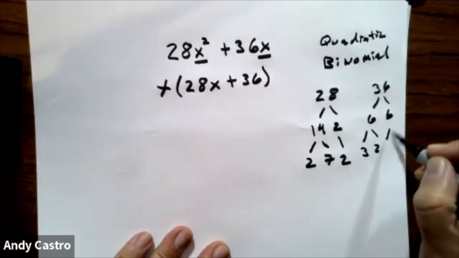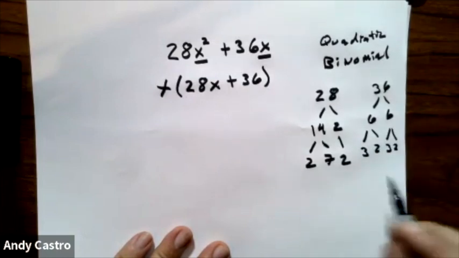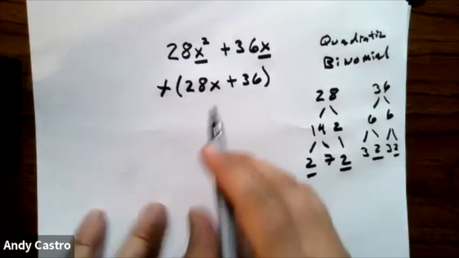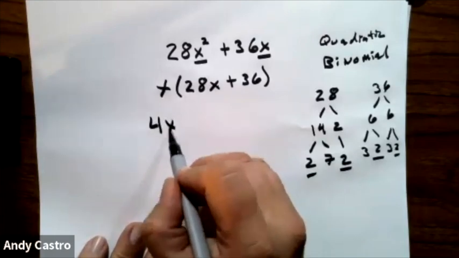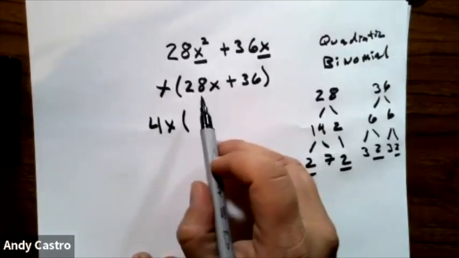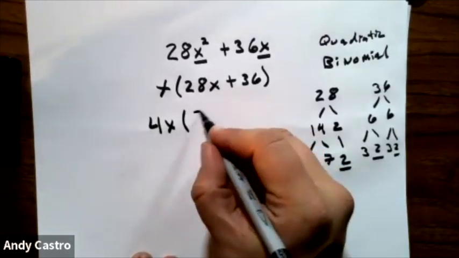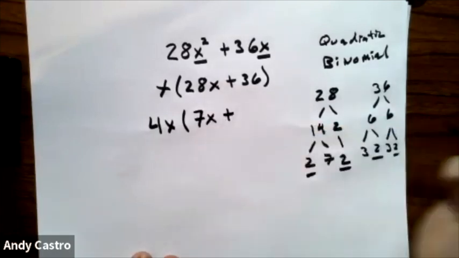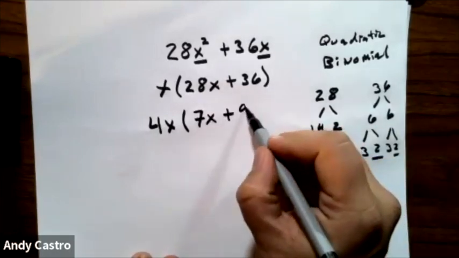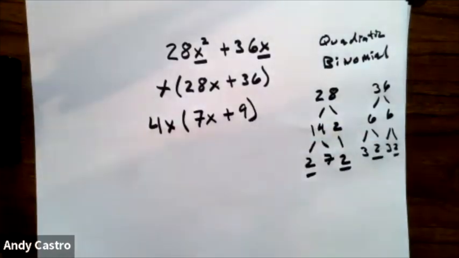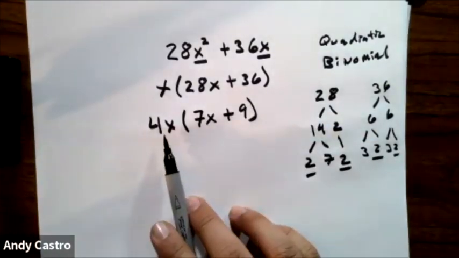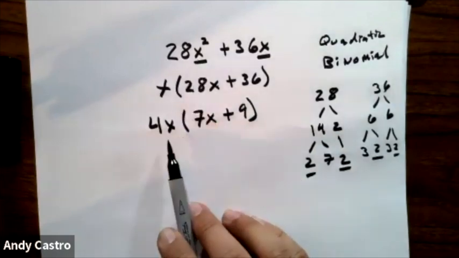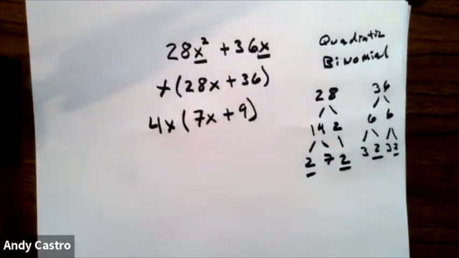This is 3 times 2. 3 times 2. So you can see how we have 2 2's in each, which is 4. So I can factor out a 4. If I factor a 4 out of 28x, that leaves me with a 7. And if I factor a 4 out of 36, that leaves me with a 9. And I can check that real quick by multiplying that in. 4x times 7x is 28x squared. 4x times 9 is 36x.